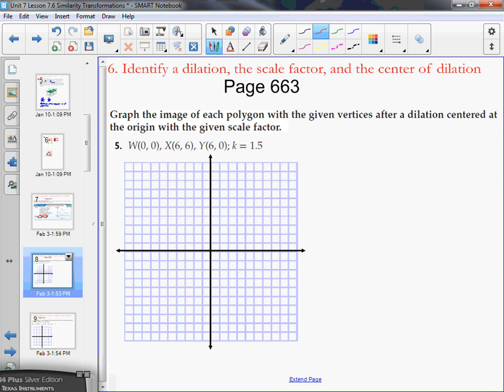And then let's graph the points they give us. So W is at 0, 0.